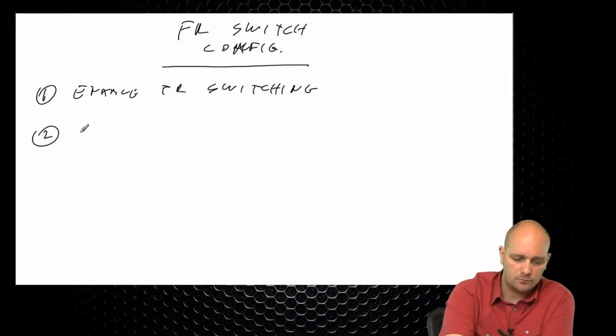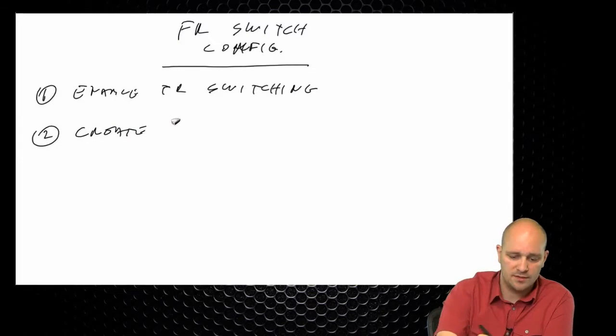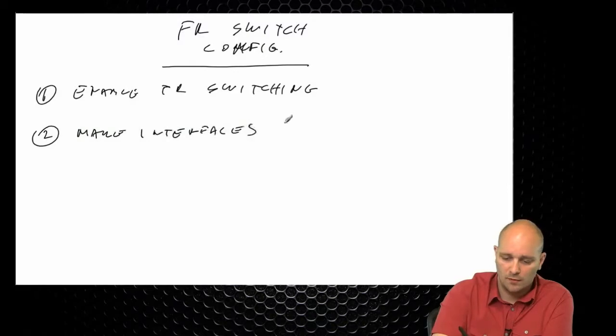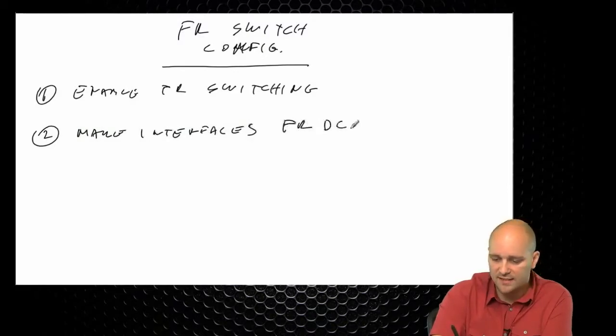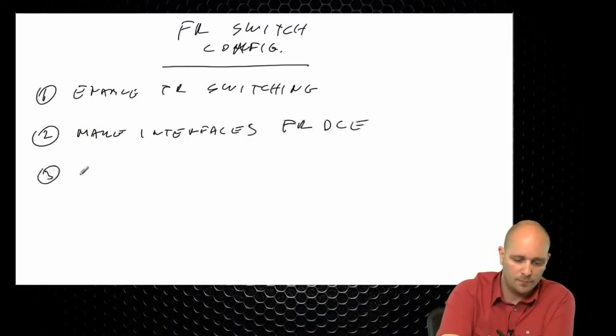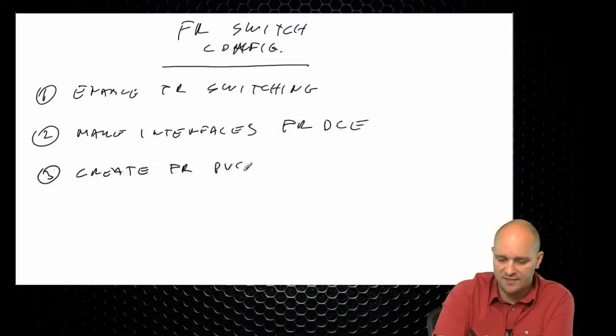Then, actually there is one step between there. So step number 2 would be make interfaces frame relay DCE, then create frame relay PVC connections.